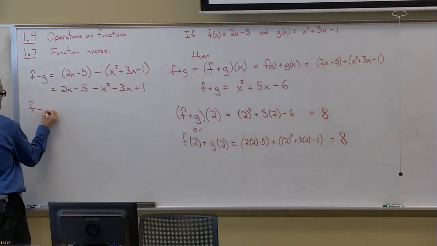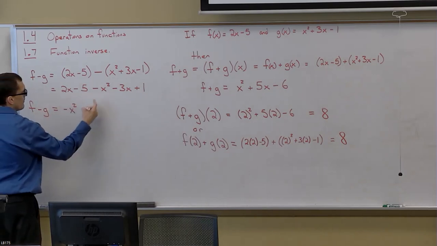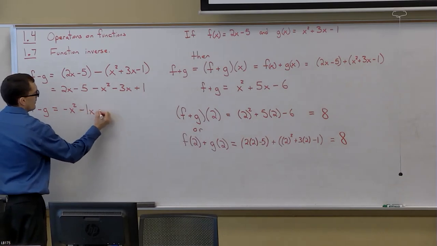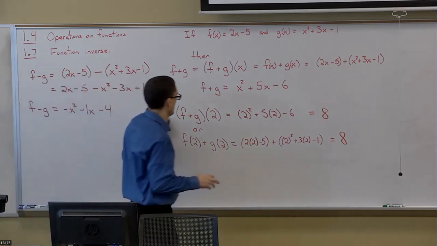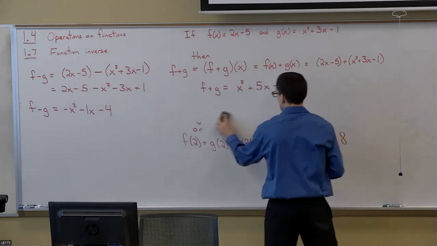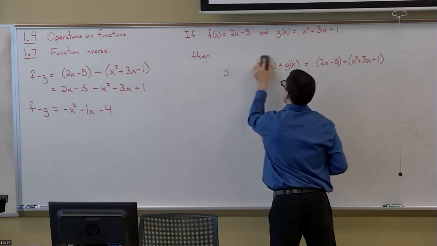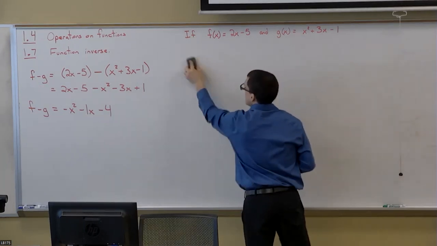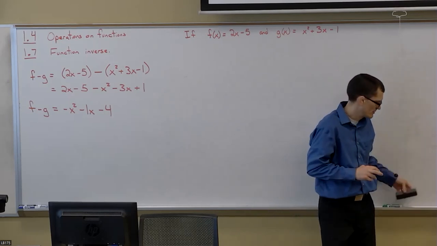So when you do f minus g, you get -x squared minus 1x minus 4. And if you want to plug in 2 or plug in 5 or plug in 3 or plug in -80, you could have done that. Okay. Plug in whatever value you want.